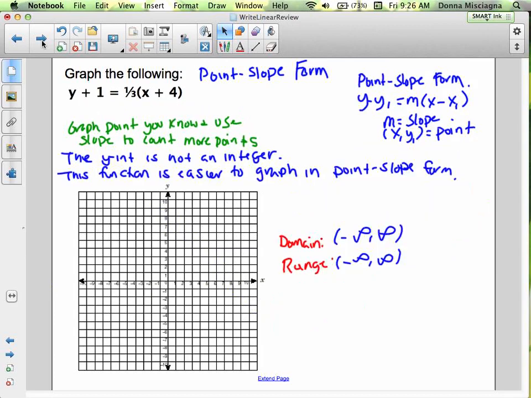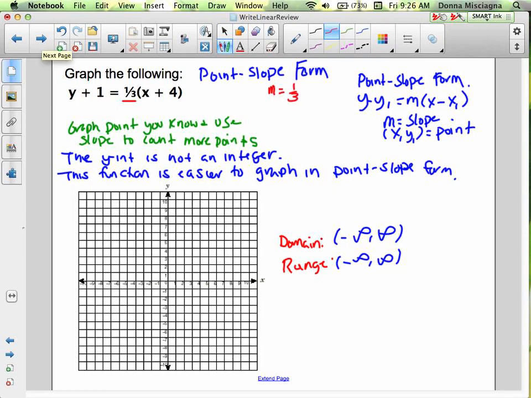Right, here I have another one in point-slope form. Right, so we have y plus 1 equals 1/3 times x plus 4. Right, so now we want to identify our point and our slope. The slope is right there in front of the parentheses. So our slope is 1/3.